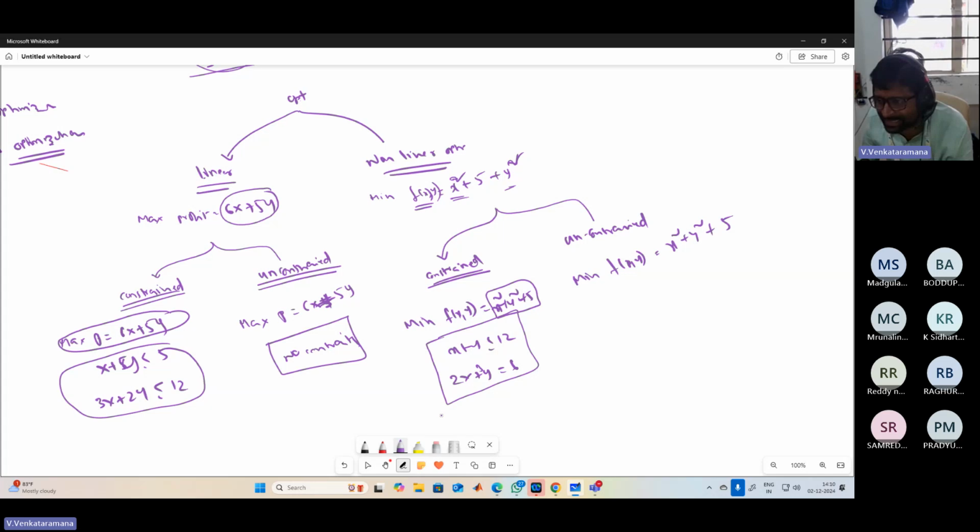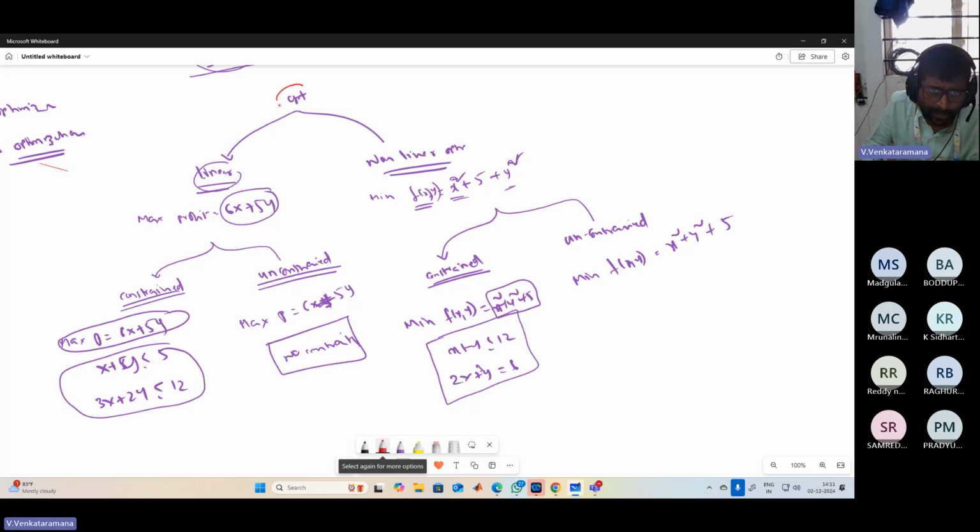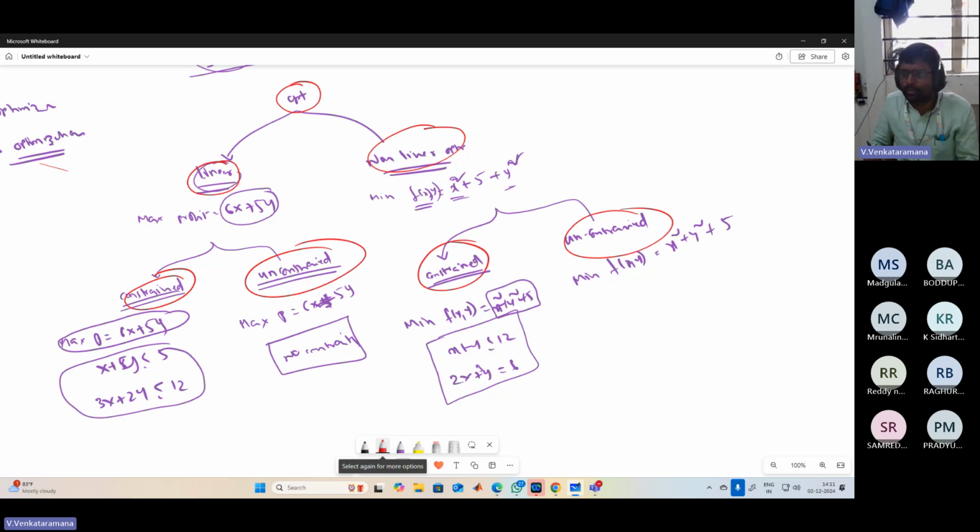I hope you understand what is meant by optimization, what the different parts in the mathematical modeling of an optimization problem are, what is meant by linear and nonlinear optimization, and constrained and unconstrained optimization. You are able to understand, I hope. Okay, so this is the whole classification of the optimization problems.